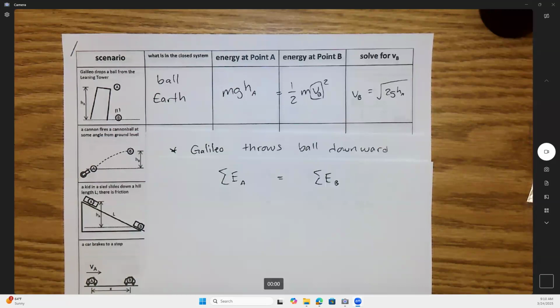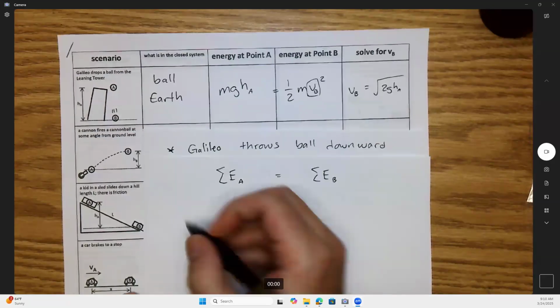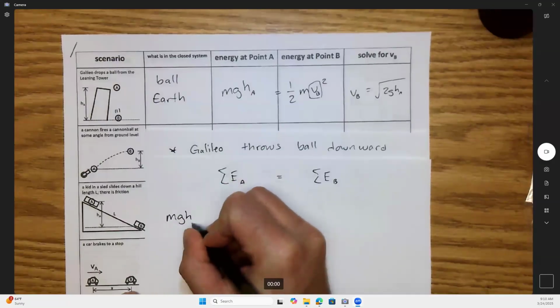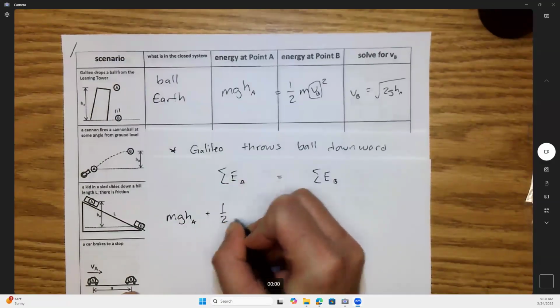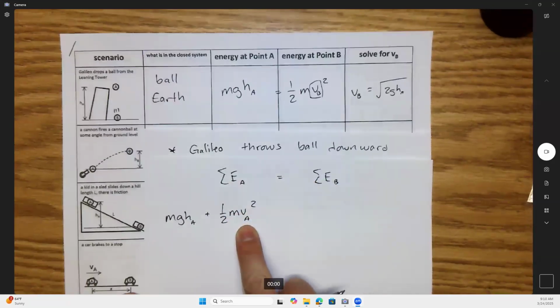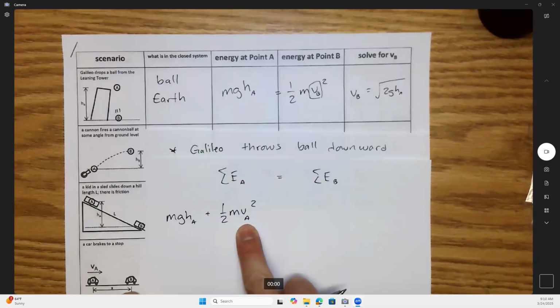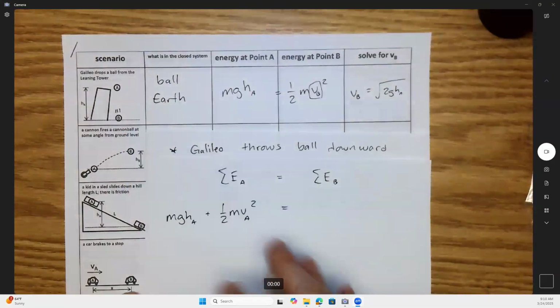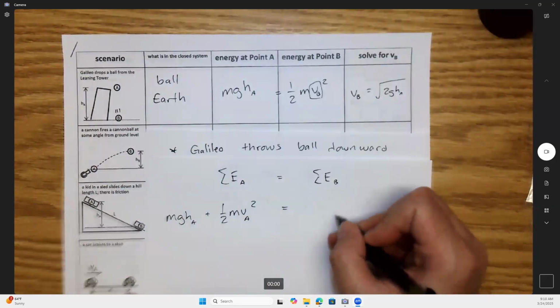You guys got that line? All right. What do you guys write for the energy at point A? Yeah, mgh at point A, plus also 1/2 mv squared at point A. And this VA is the throwing speed. That's how fast he was throwing the ball straight down. Okay. Now, by the time you get to point B, which is, again, a millimeter above the ground, what do you write for here?